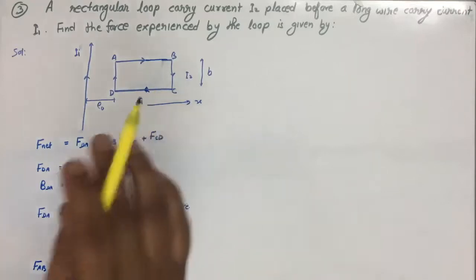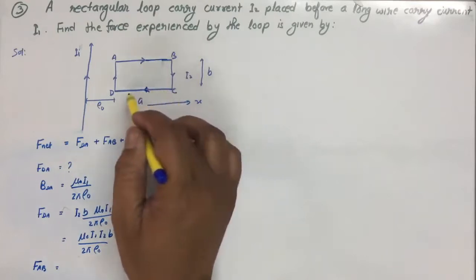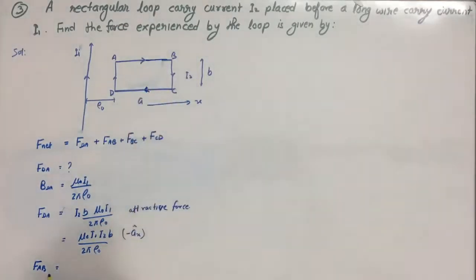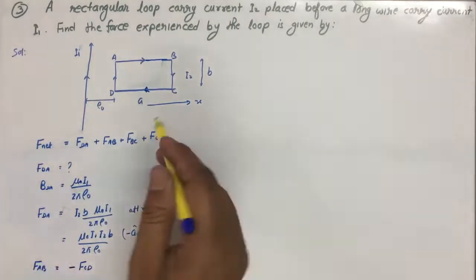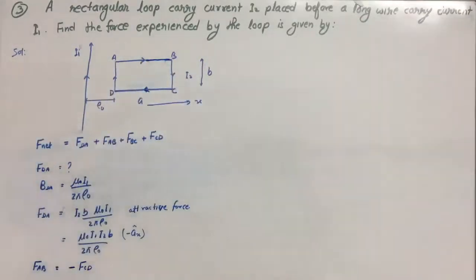So the direction of the force will be just opposite. If we say force AB, then it should be opposite to force CD, as the direction of the current is just opposite and the remaining things are exactly the same as AB.